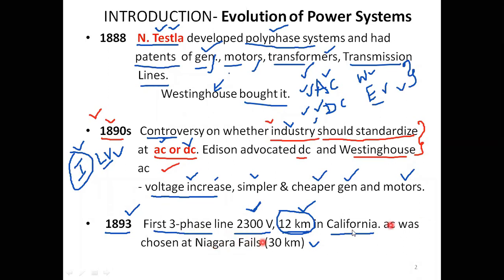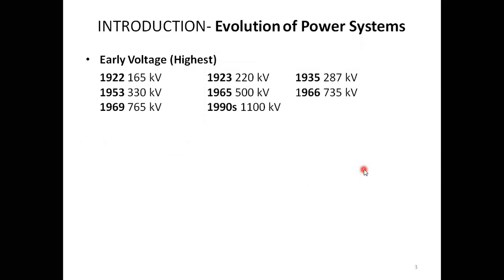So this was about the evolution of power systems. At that time, there were several voltages. The maximum voltage level was 165 kV, and later in 1923 it was enhanced to 220 kV.